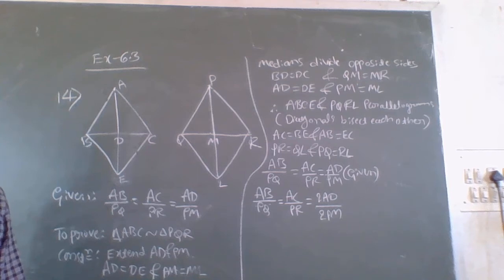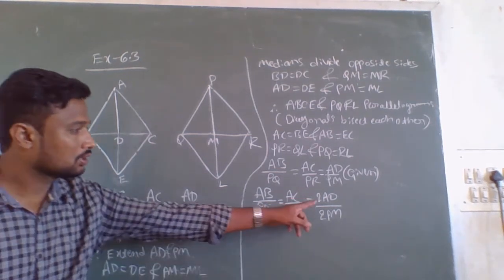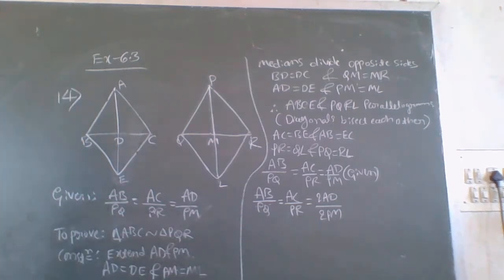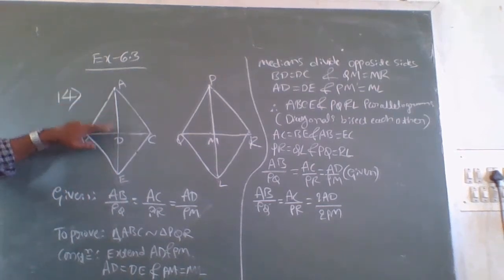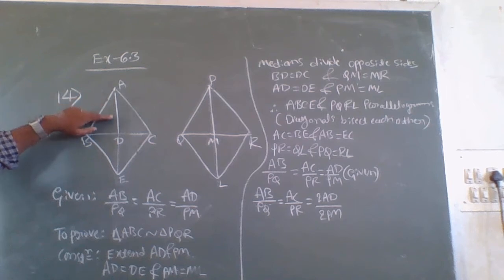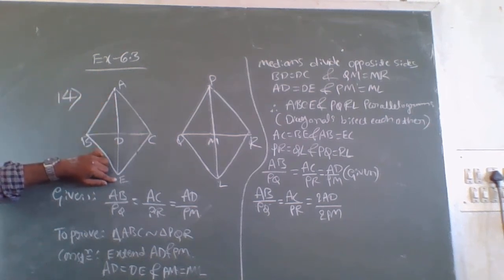So now, in the place of this 2 AD by 2 PM, what can you write? See here, in the place of 2 AD you can write AE, because AD is half of AE.